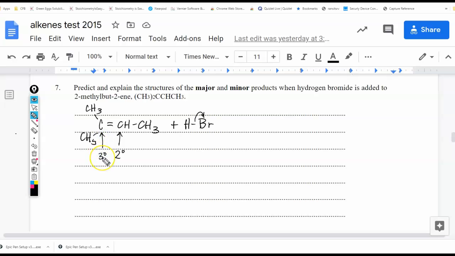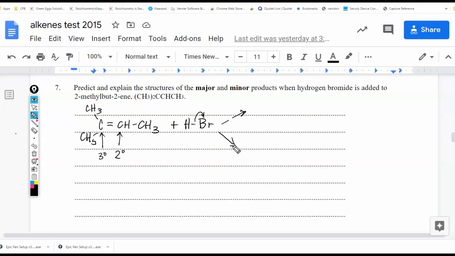So that means the tertiary one's going to get the more electronegative bromine, and the secondary one is going to get the hydrogen. So if we are talking major and minor, the major product is the one that follows Markovnikov's rule. The minor product is the one that does not follow Markovnikov's rule.